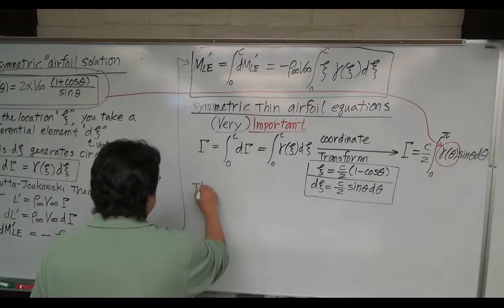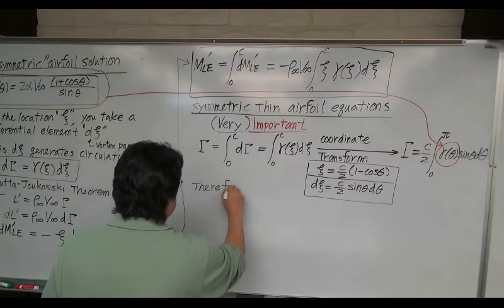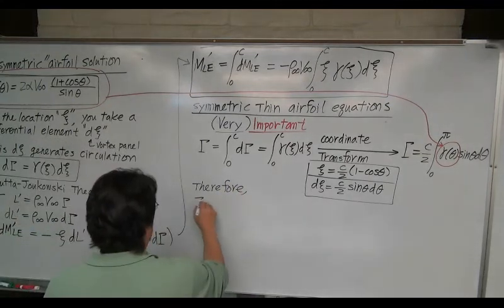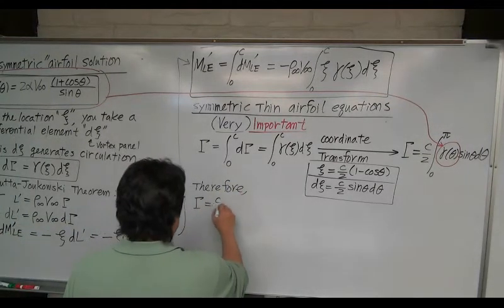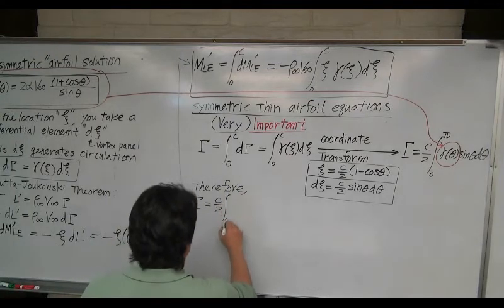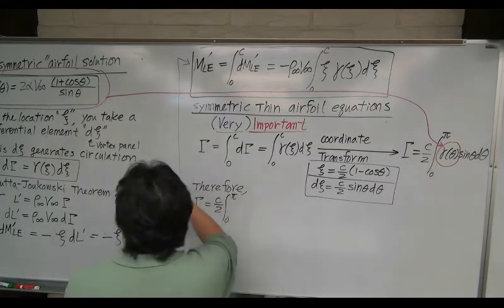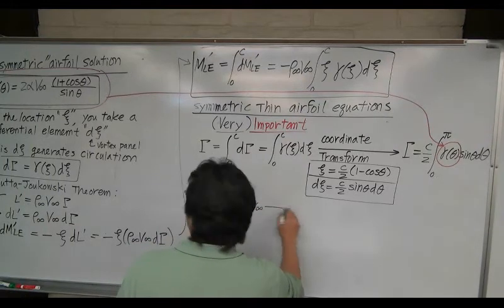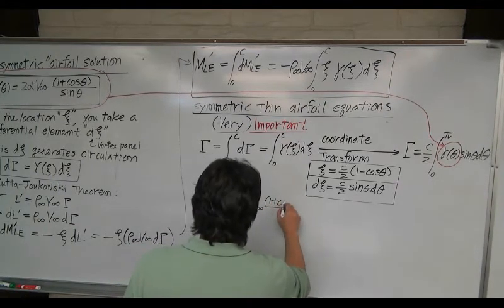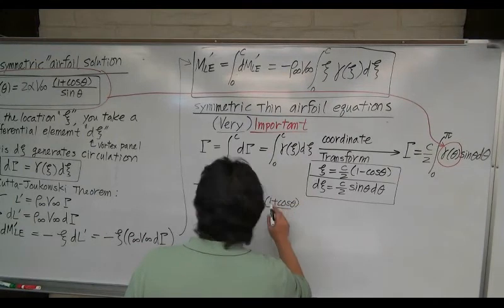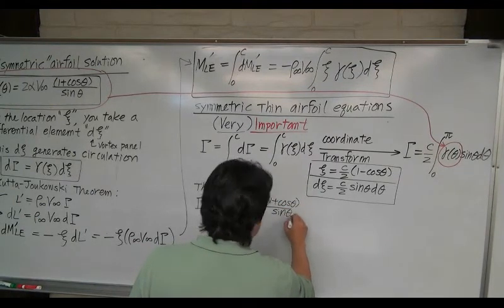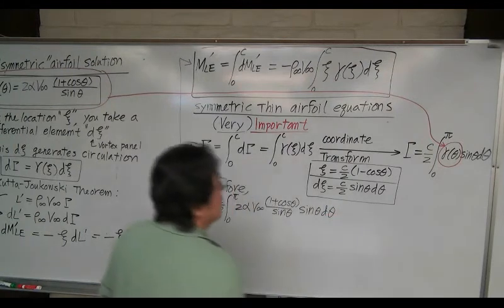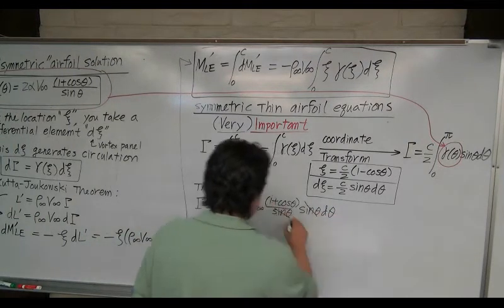Therefore, gamma is half chord integral from 0 to pi. Let's plug in gamma of theta. So this is 2 times alpha b infinity multiplied by 1 plus cos theta divided by sine theta, multiplied by sine theta d theta. Right? Obviously sine theta cancels.